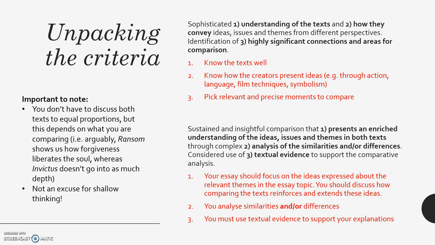So in that case, you would probably spend more time in your body paragraph discussing this idea using Ransom as your main text, and then maybe Invictus as more of a supporting text. So you might have a 70-30 split or a 60-40 split if you want to use numbers to compare it.